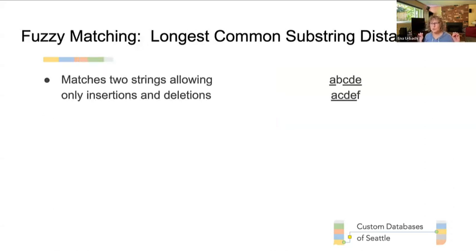So getting more to the meat of what I'm trying to do is fuzzy matching. Fuzzy matching is an overarching name for calculating distances between strings.